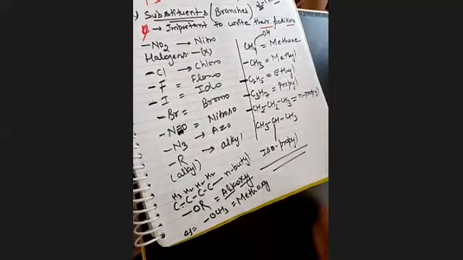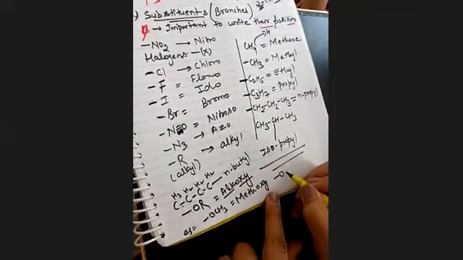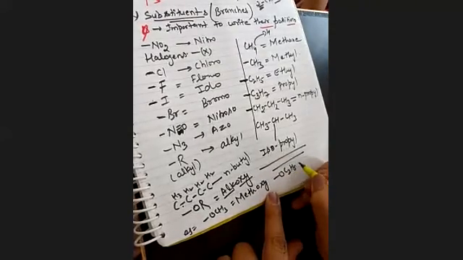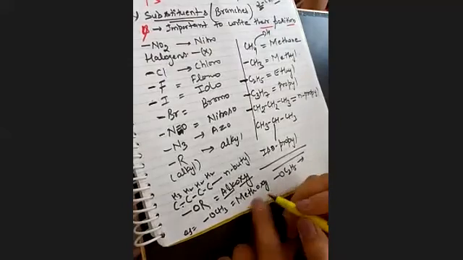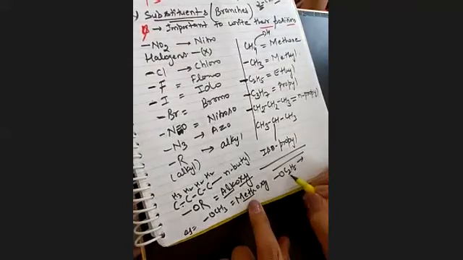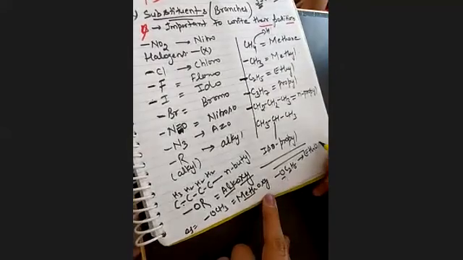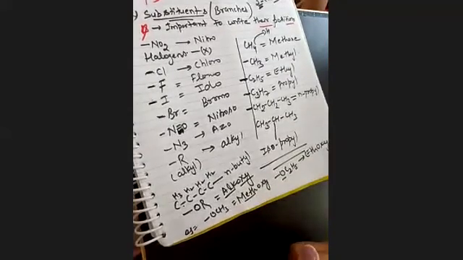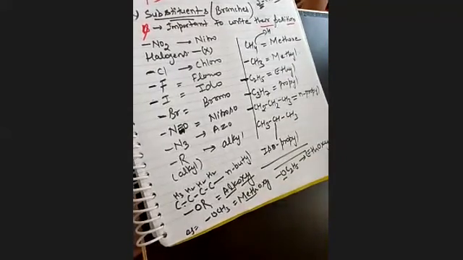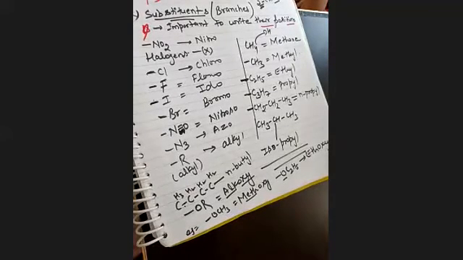Clear? Methoxy. If OC2H5 is there, first the main compound name: 2 carbons means eth, oxygen means oxy. So that will be ethoxy. Is this clear?